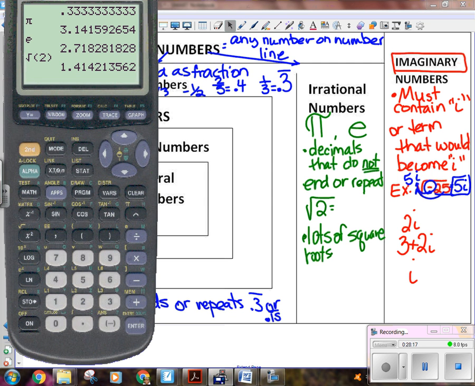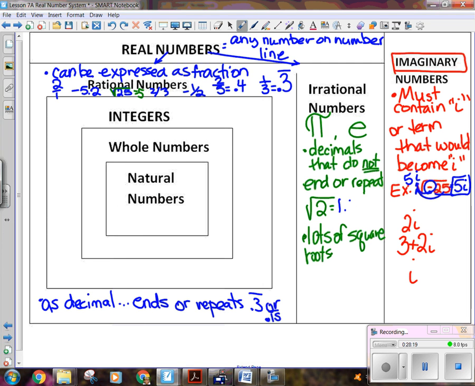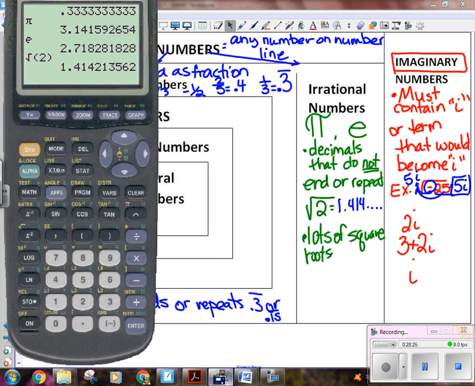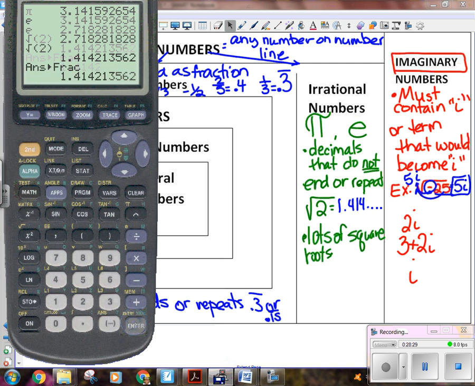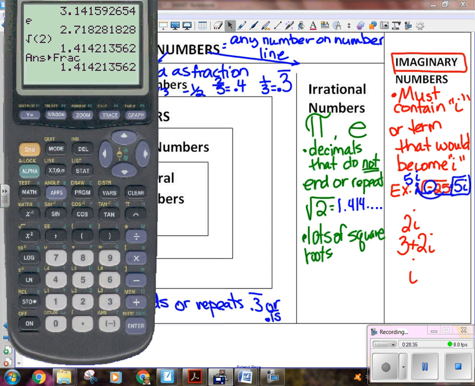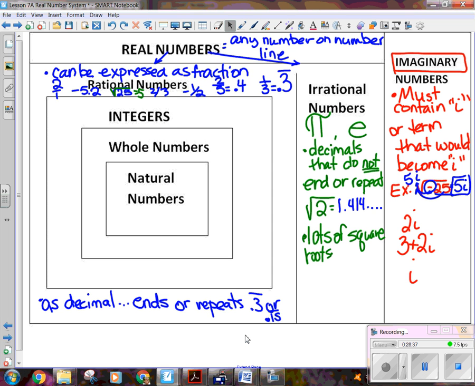It's 1.414, and it's got a lot of decimals after. And if you try to change that to a fraction, let's find our math key, change that to a fraction, enter, enter, I get the same decimal answer. There is no fraction equivalent to square root of 2. So since it can't be expressed as a fraction and it doesn't have a decimal that ends or repeats, square root of 2 is definitely irrational, okay?